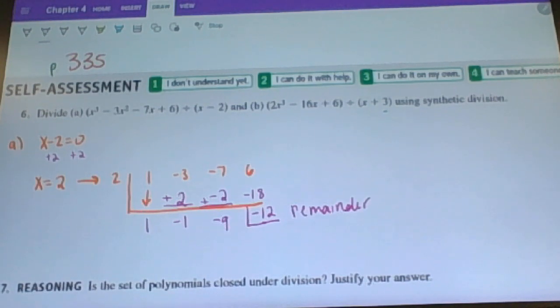Adding is easier than subtracting, people. It really is. That's what makes it easier. Well, I know. This is -3 plus 2. -7 plus a -2.